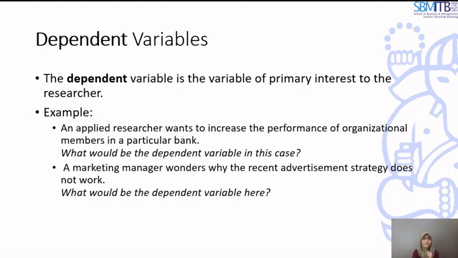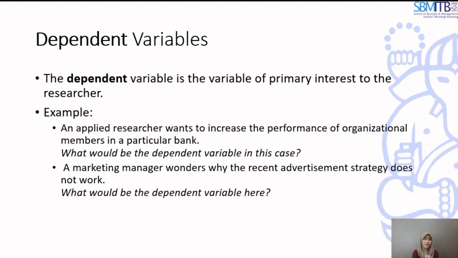Remember, a variable is anything that can take on differing values, and the dependent variable is the one that becomes the researcher's concern. Thus, for this first example, I propose the dependent variable of employee performance, since it is the main interest of the researcher.